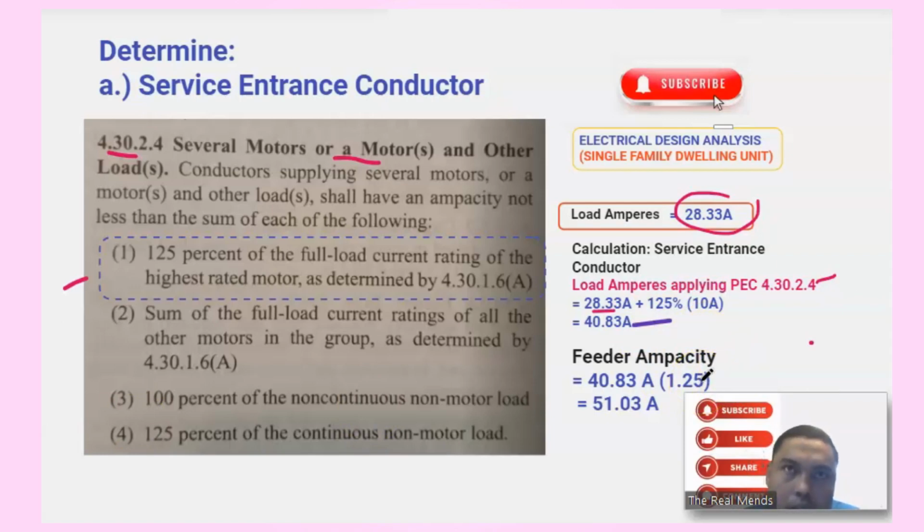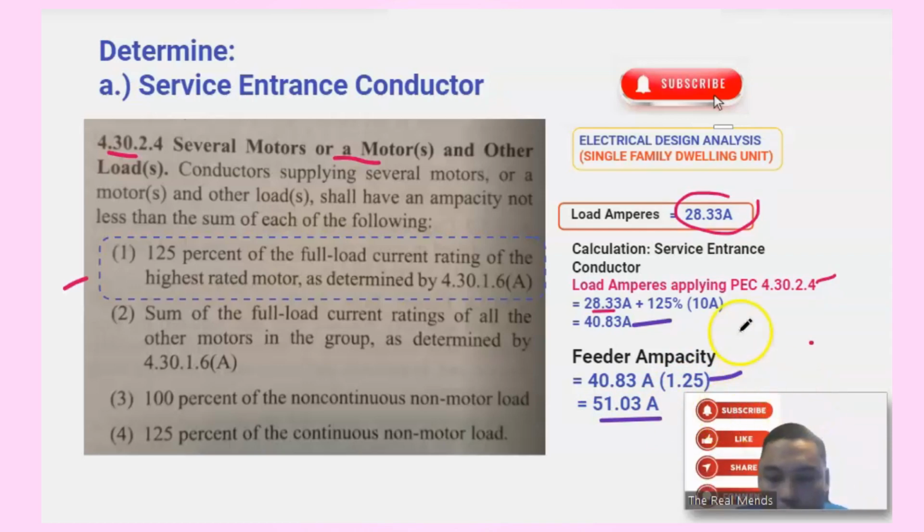So only 80% of our service entrance conductor capacity should be consumed by our load. So we have 40.83 times 1.25, we have 51.03 amperes. From this, we can size our service entrance conductor.